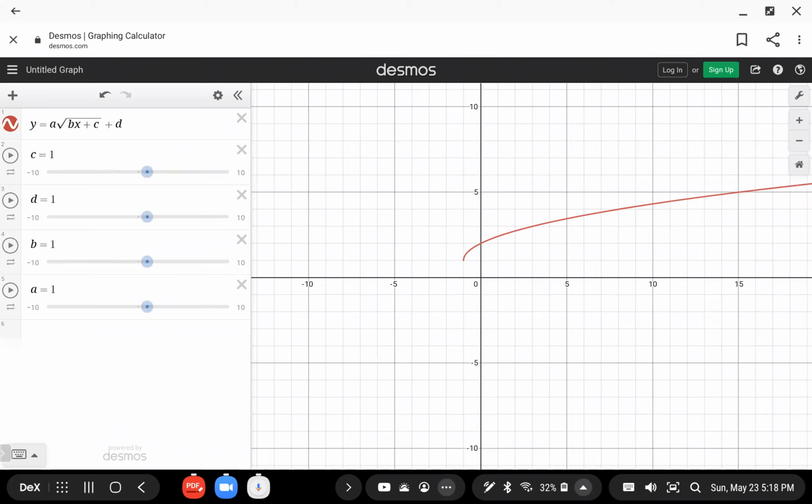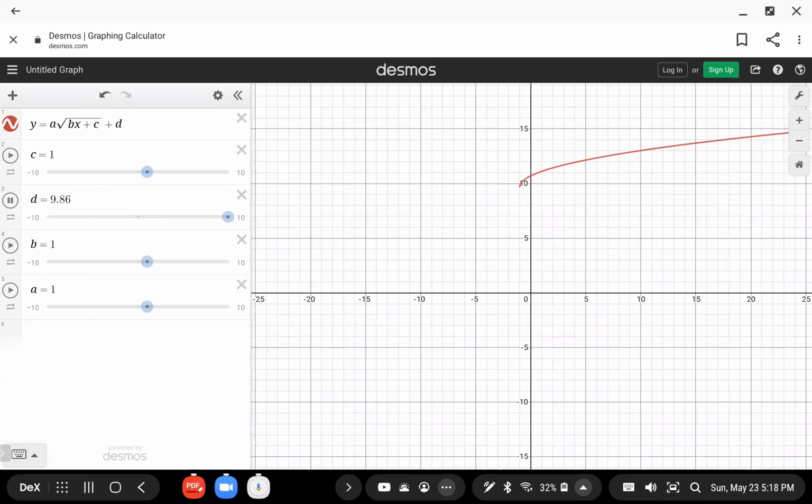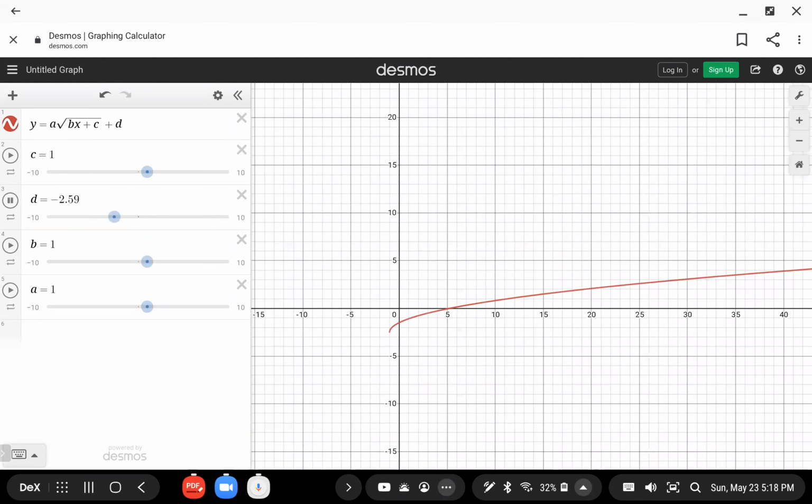When d increases, the graph shifts upward, which makes sense, right? Since our y value is this function right here, when we increase d, that just increases the y value. And when d decreases, the graph moves downward.